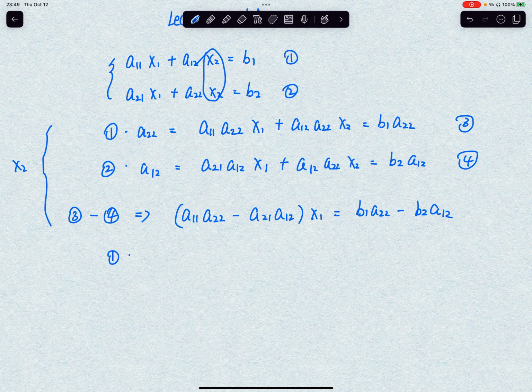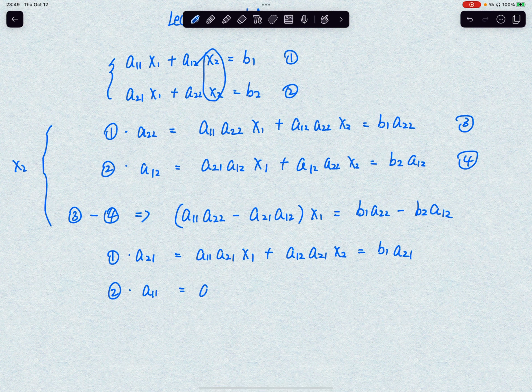So we multiply the first equation by a21, and that is a11 a21 x1 plus a12 a21 x2 equals b1 a21. And the second equation times a11 equals a11 a21 x1 plus a11 a22 x2 equals b2 a11.